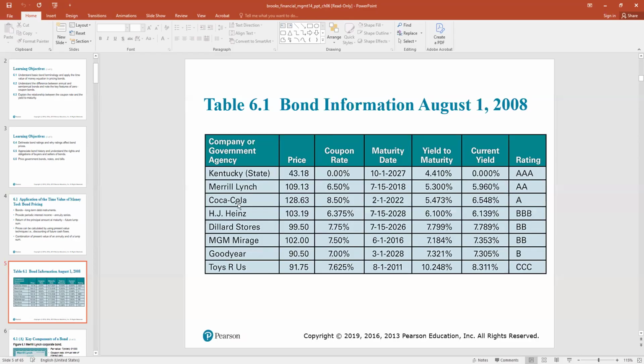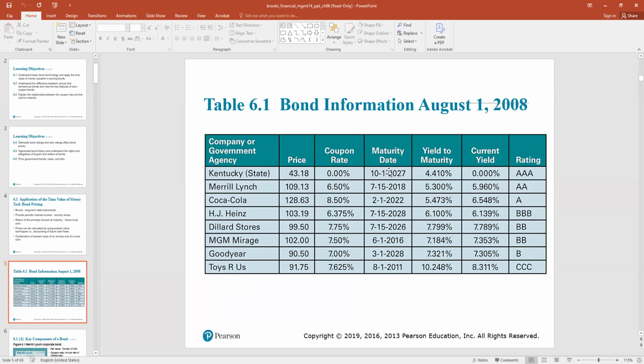So there are Merrill Lynch, Coca-Cola, Heinz, Dillard's Stores, Mirage, Goodyear, and Toys R Us. The coupon rates are basically the rates that are promised by the bond seller to give you in the future. It can be semi-annually, it can be annually. And this is the maturity date. Let's say imagine today is August 1st, 2008, and the bond will mature on this date.